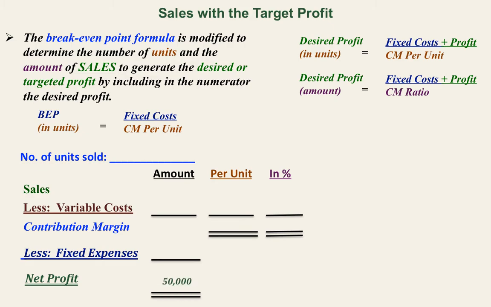Assuming now that we have a profit here of 50,000, and our expenses is 200,000. With this, we know that our contribution margin should be 250,000. And if we have a contribution margin per unit of 2 pesos and assuming that our ratio is 20%, and we want to apply this formula, the desired profit is 50,000.